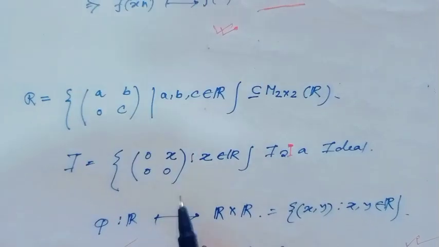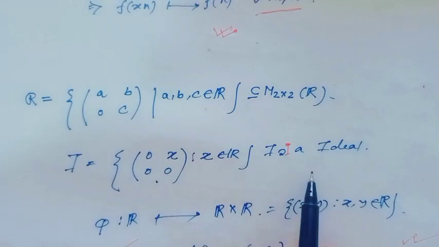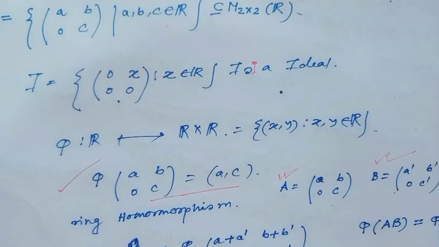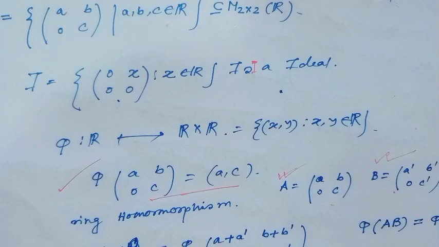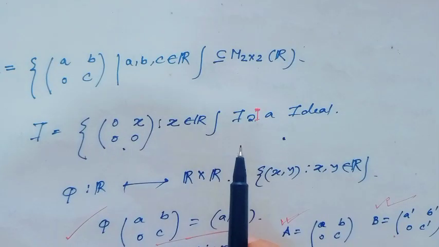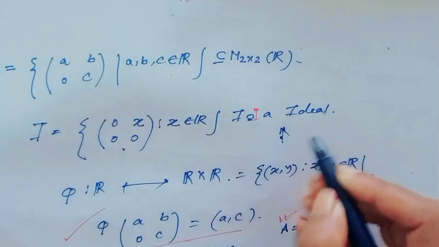In the question, is this set of matrices an ideal? Since I have constructed one ring homomorphism in which I is the kernel of this ring homomorphism, obviously this I is an ideal.